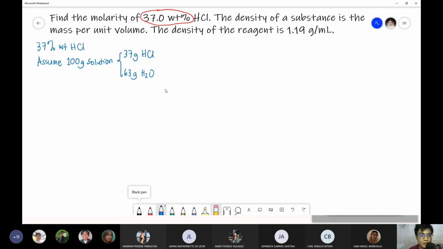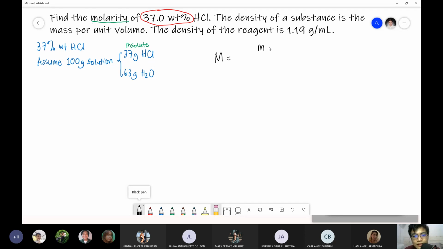Yun na yung mass ng solute mo. Okay? And because we have the mass of the solute, we can get the mole of the solute. Okay? Di ba kailangan mo ng mole solute sa molarity? So, meron na tayong source of the mass of the solute. Okay? So, ganun lang.